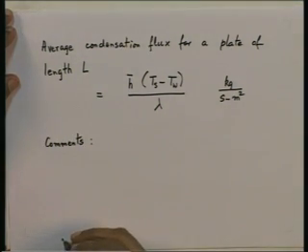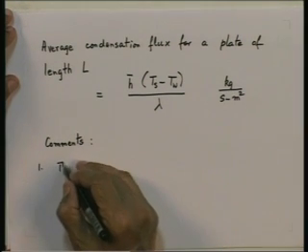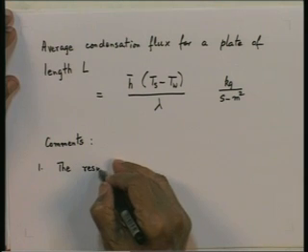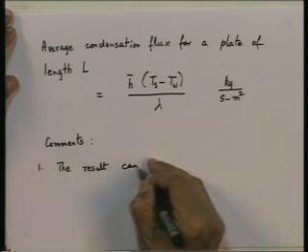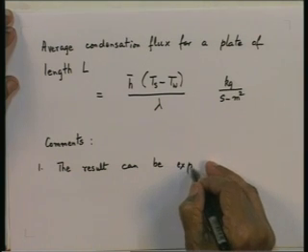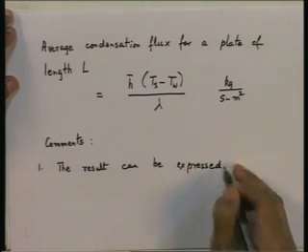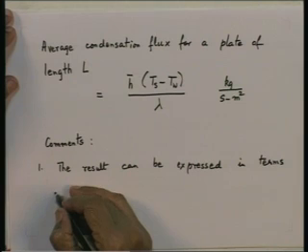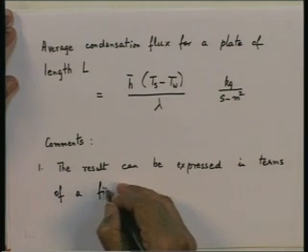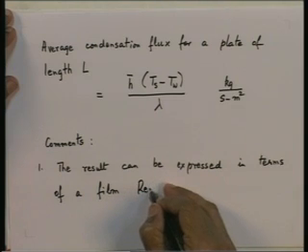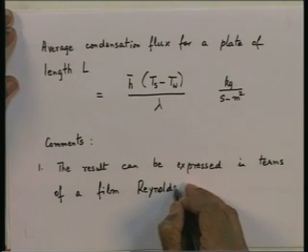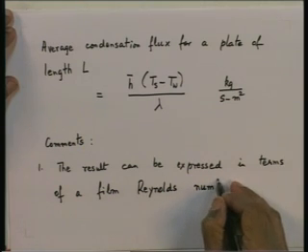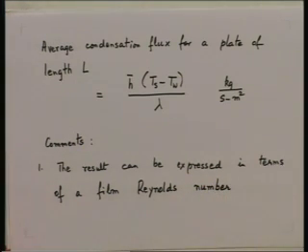The first comment we will make is that the result which we have got can be expressed in terms of what is called a film Reynolds number. There is liquid flowing in the film. Based on that flow, you can define a Reynolds number of the film, called a film Reynolds number, and the result for h or h bar can be expressed in terms of that film Reynolds number.